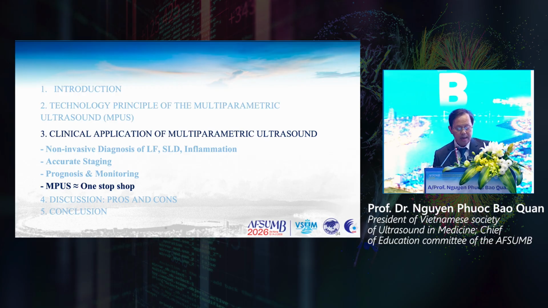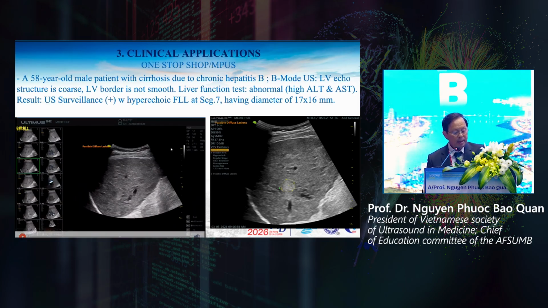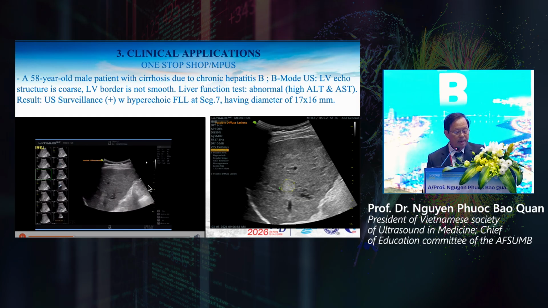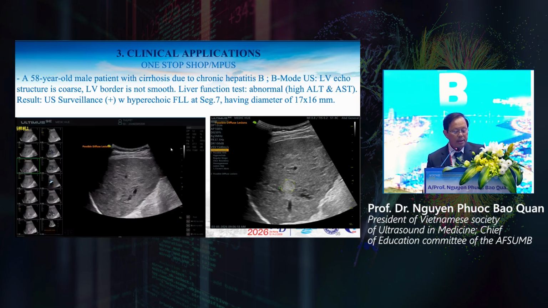And now another application of multi-parametric ultrasound: the one-stop shop. In this case, the patient is 58 years old and has a diagnosis of cirrhosis due to hepatitis B, and the patient is in a screening program every 6 months. In this case, we can see the echostructure of the liver is very coarse, corresponding to cirrhosis.